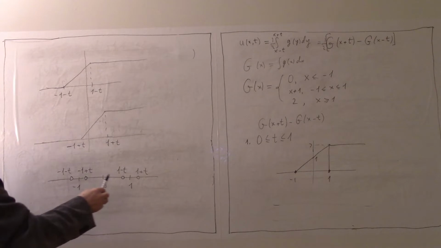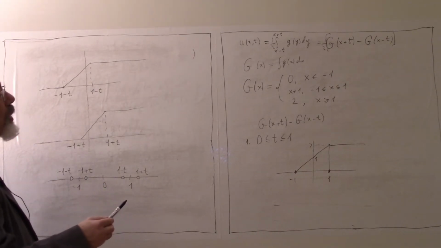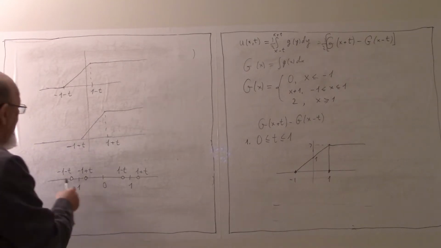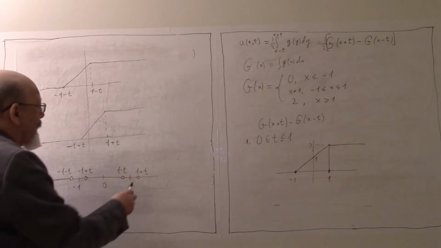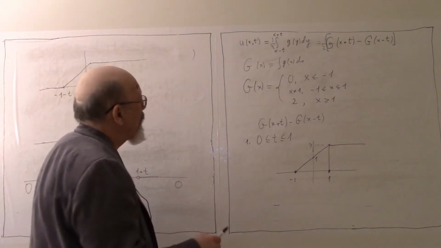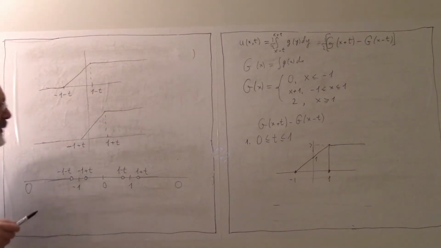Now it is clear that G(x+t) minus G(x-t) here is 0, because both terms are 0. Here it is 0 because both G(x+t) and G(x-t) equal 2, so the difference is 0.